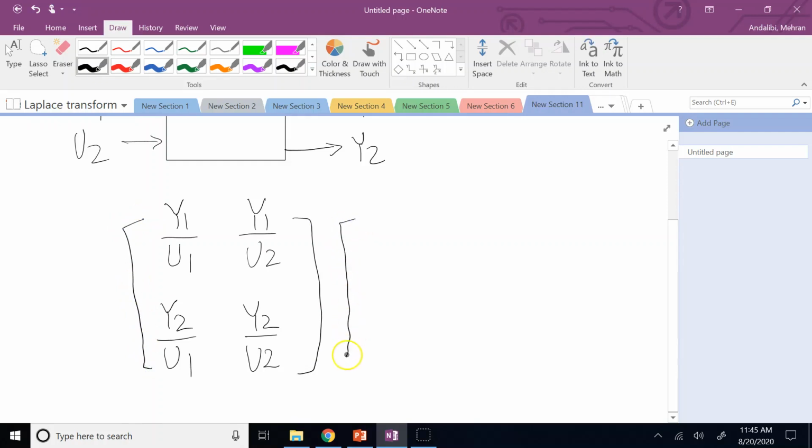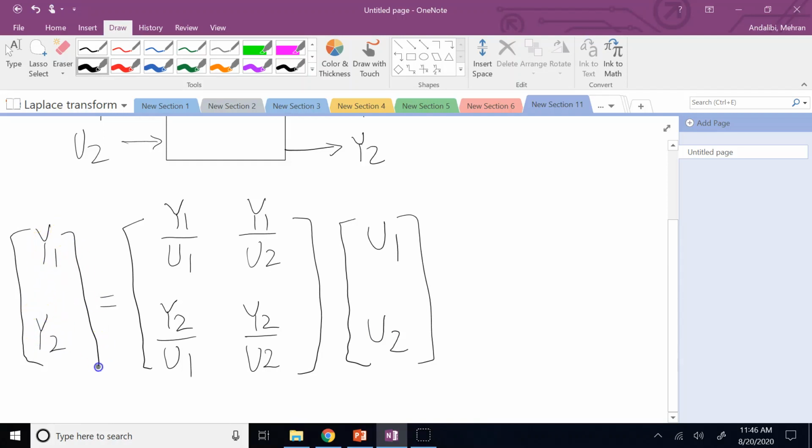And if I multiply this matrix by the matrix of the inputs, what would you get? Yes, you will get Y1 and Y2. So here everything will be in matrix notation. Okay? In general, if you have M inputs and P outputs, here both of them are 2.